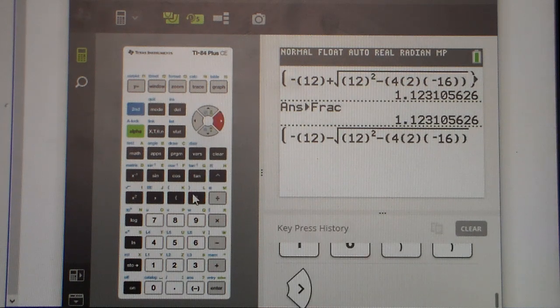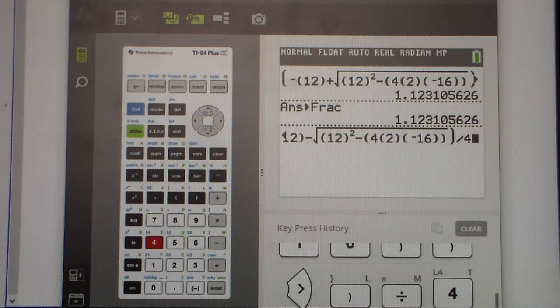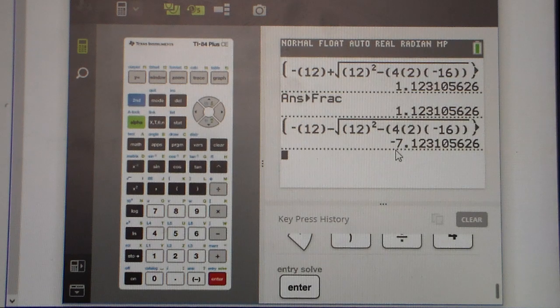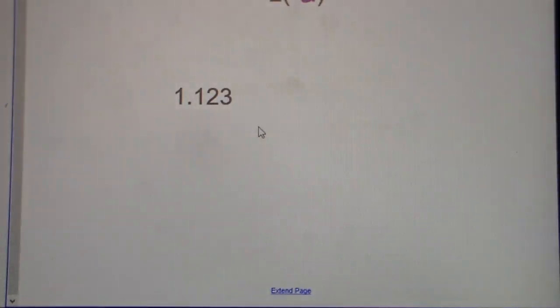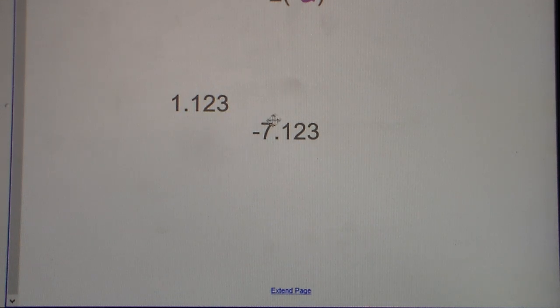Put it on the outside, put it in our parentheses there, and divide by 4. Yeah, because 2 times 2 is 4. And we're going to get negative 7.123. Alright, these are our two answers for the quadratic formula. We got 1.123 and negative 7.123. That's our answers to number 1.